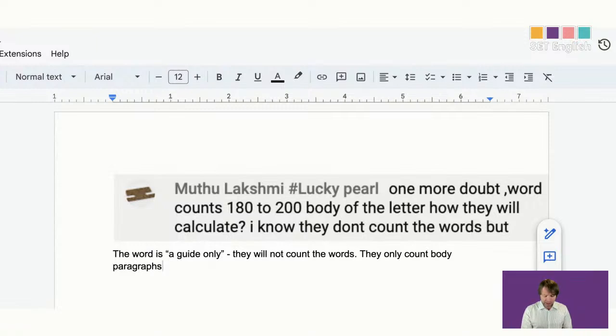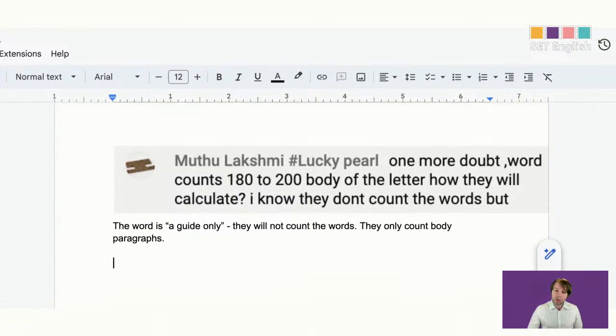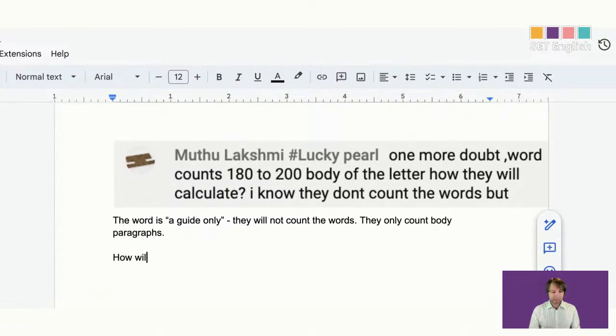How will they calculate? Great question. So look, OET will look at the quality of conciseness.